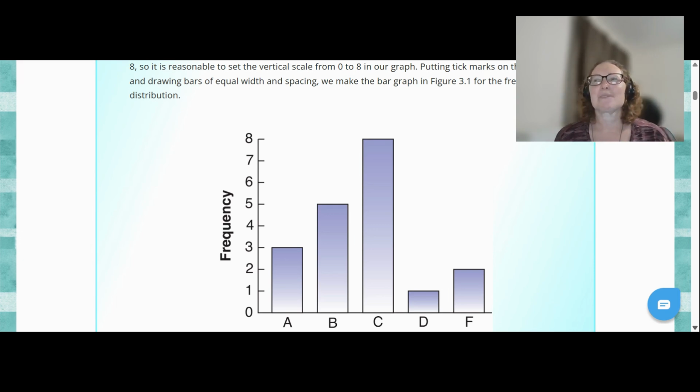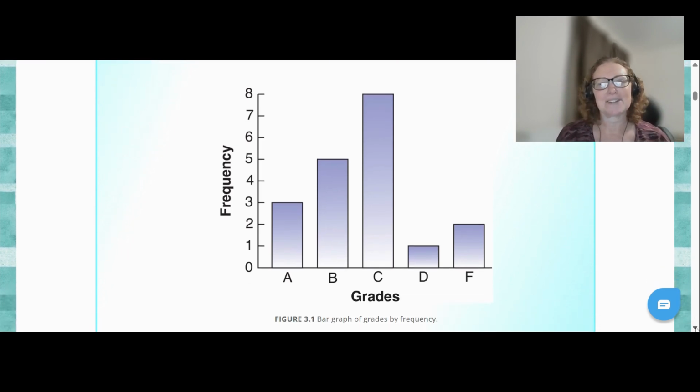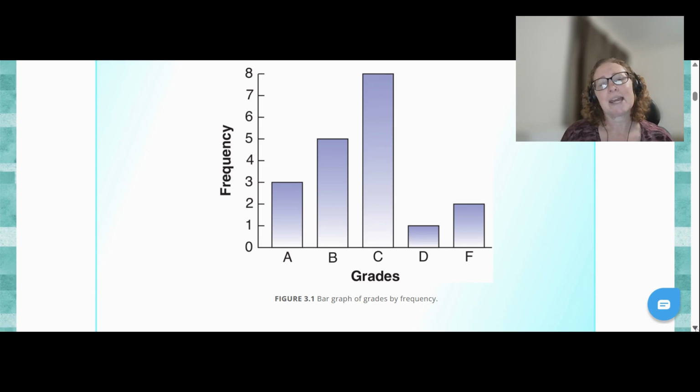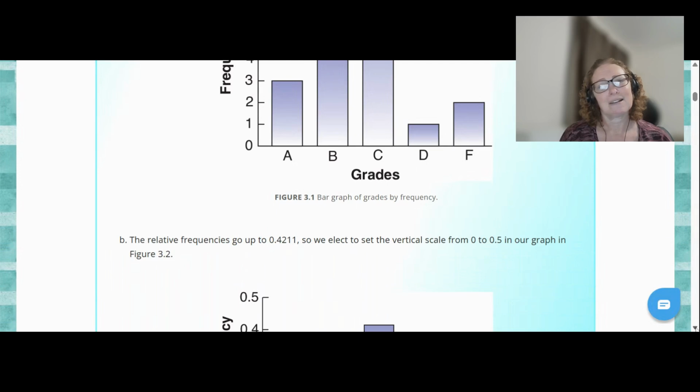That's one reason I look back at your homework too and say, "Well, could it be that? It's kinda close." So, yeah, that makes sense. Okay, so that's part of it. But here's the bar graph of grades by the frequency.